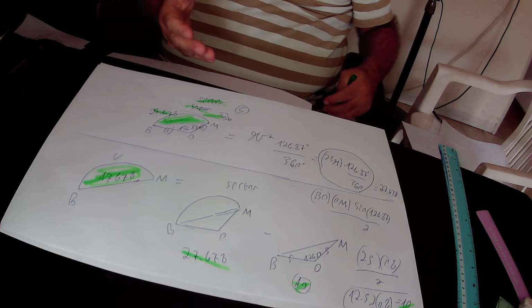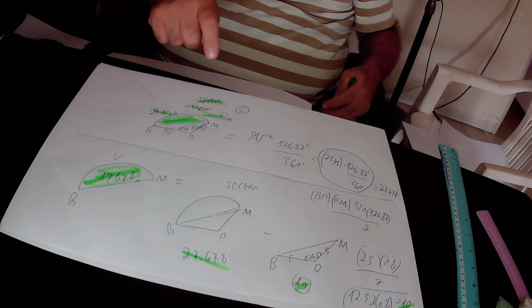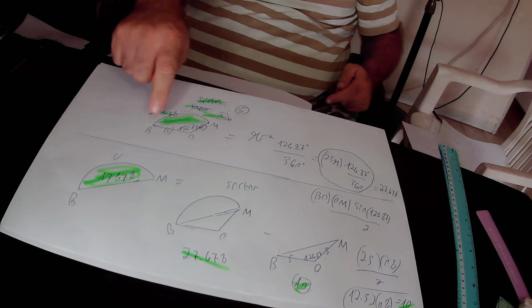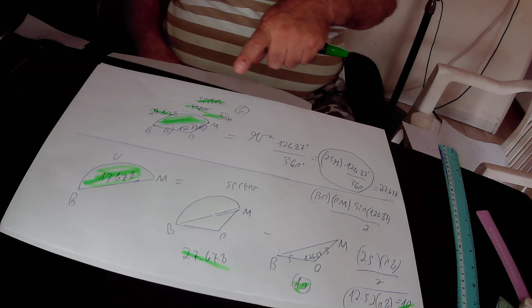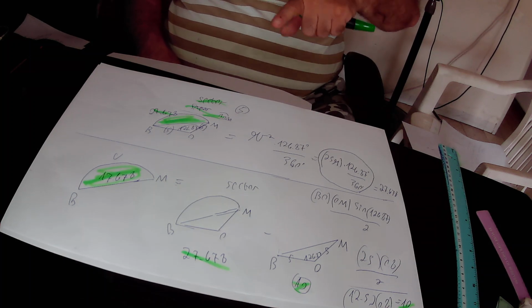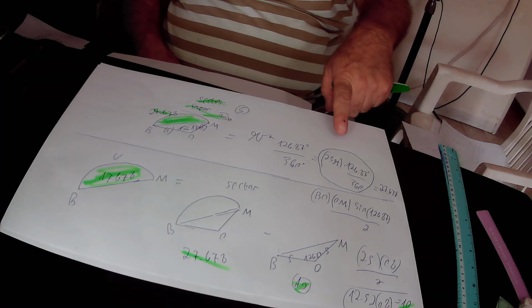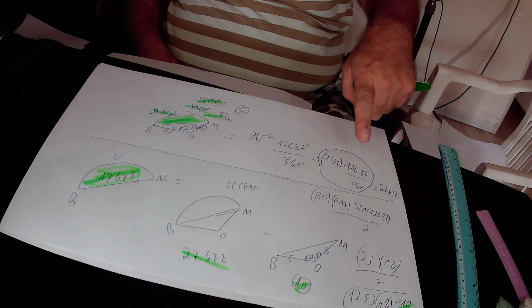So according to the formula that I presented to you a couple of minutes ago, the area of the sector BOM will be equal to pi r squared, that is the area of the circle that contains the sector, times theta, that is 126.87 degrees over 360 degrees. R is 5, therefore r squared is 25, so in total pi r squared is 25 pi, times 126.87 degrees over 360 degrees.